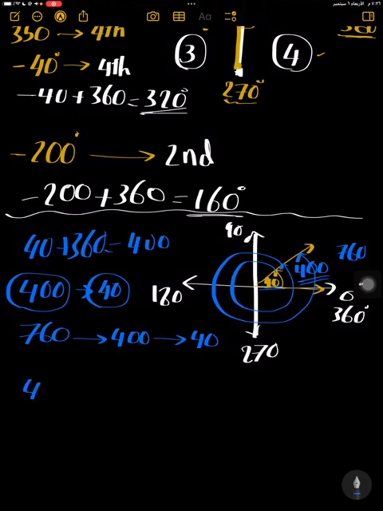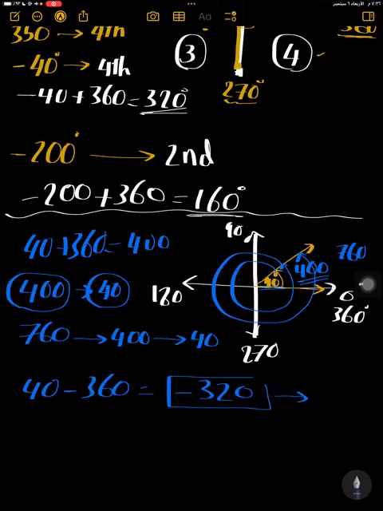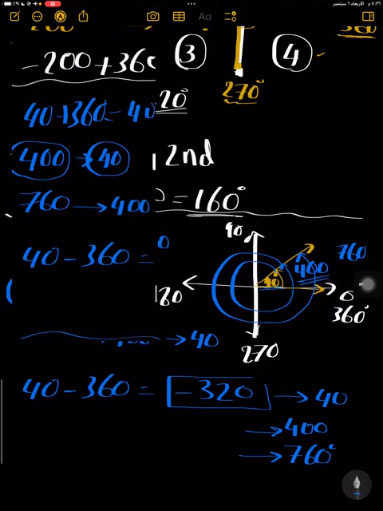If we make 40 minus 360, the result will be negative 320. We can say that negative 320 is also equivalent to 40, and also equivalent to 400, equivalent to 760, and so on.